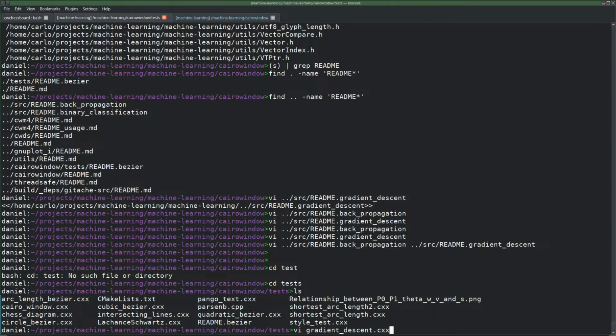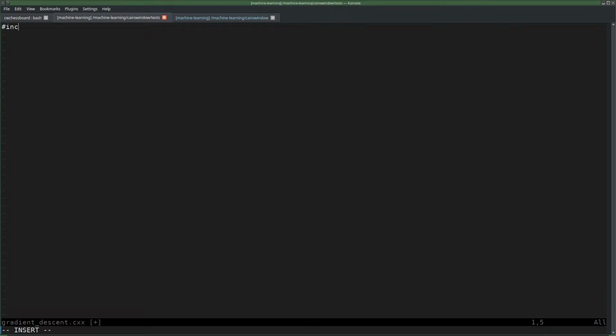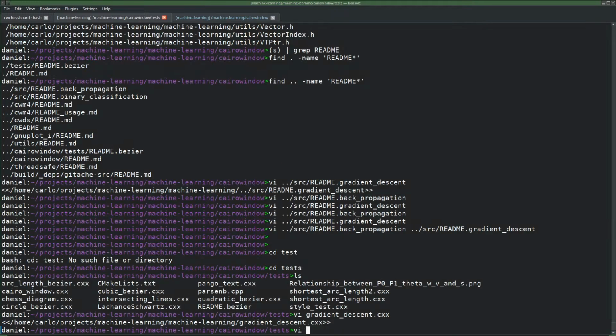Well, we begin with the loss function, I suppose. Can I just copy that from something else?